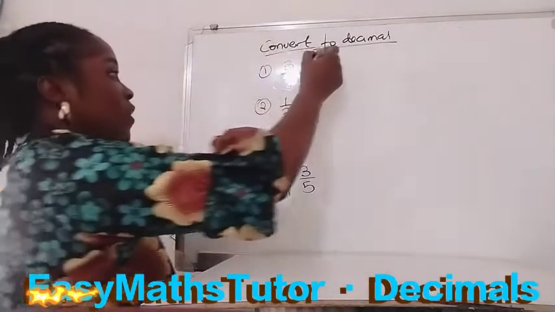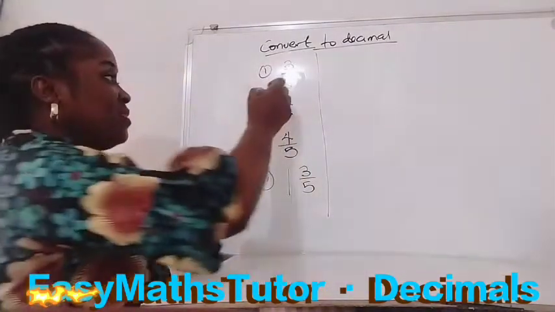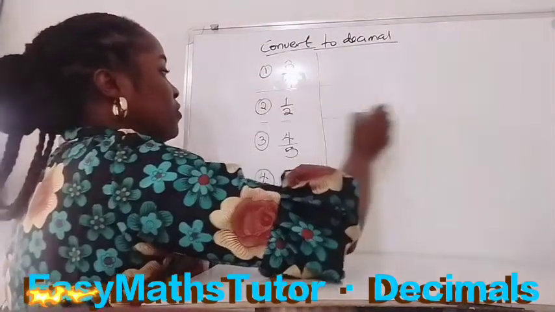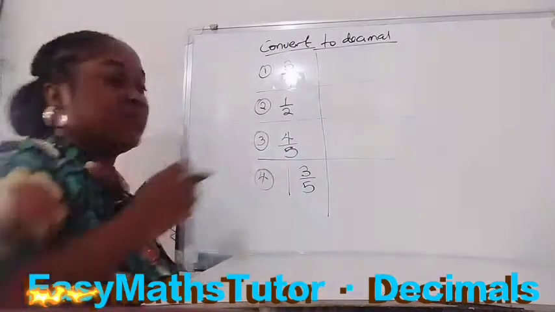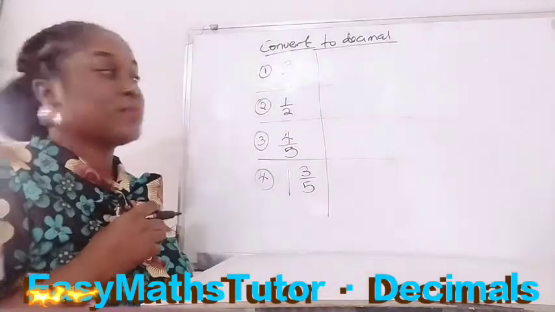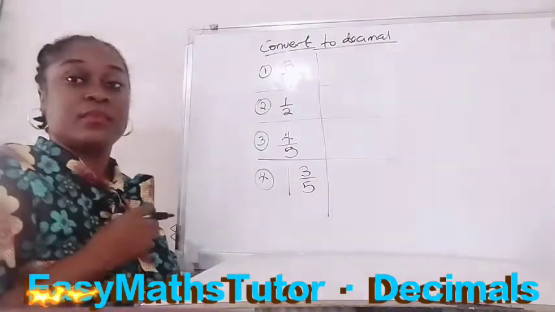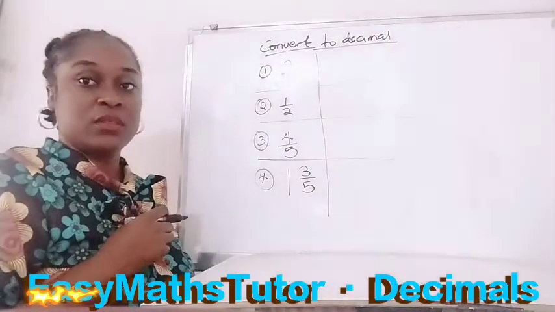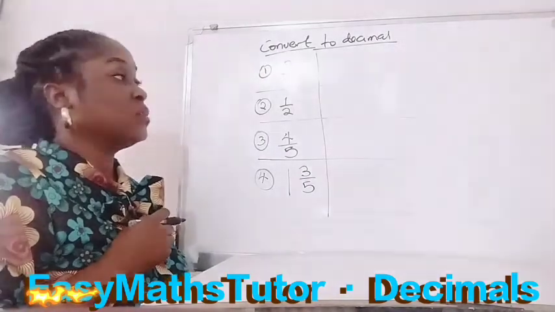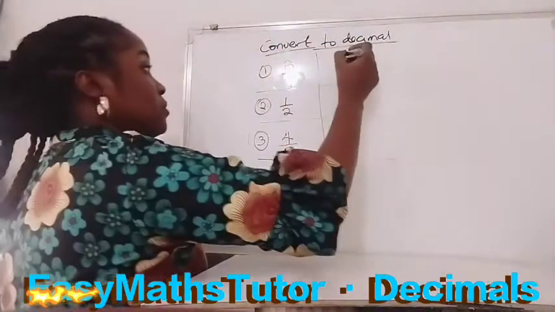So how do we solve and convert these figures to decimal places? I have a couple of methods, but I'll start with the long division method.